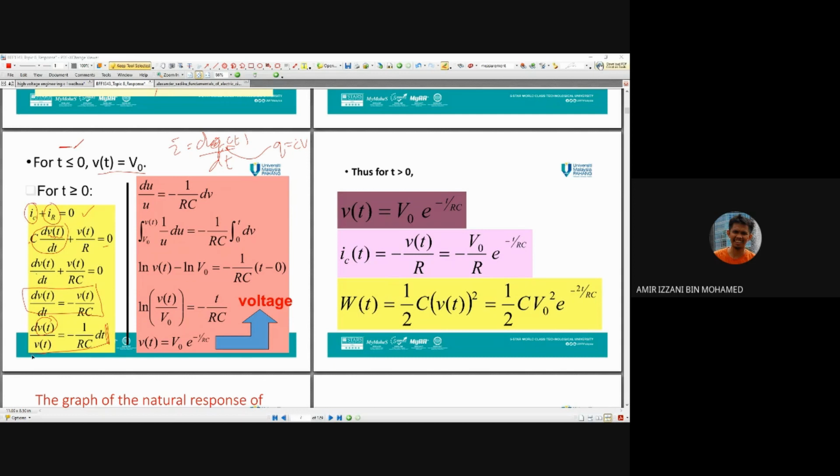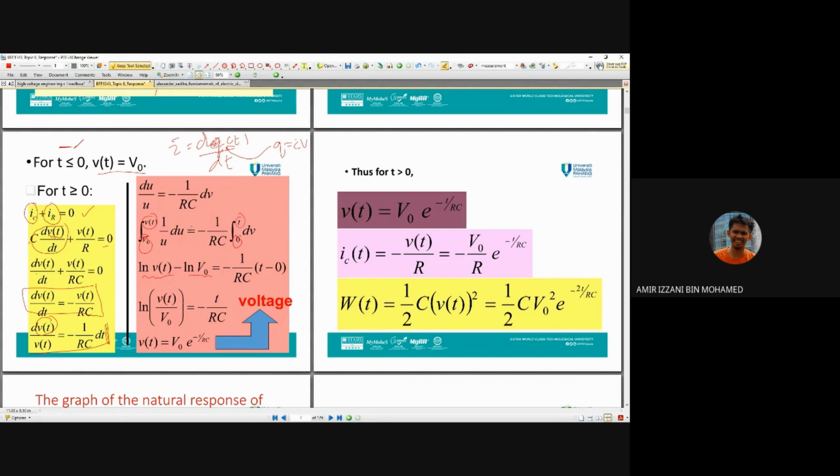On the left side, we integrate from V0 to V(t), so we get ln V(t) minus ln V0. On the right side, we integrate from 0 to t.